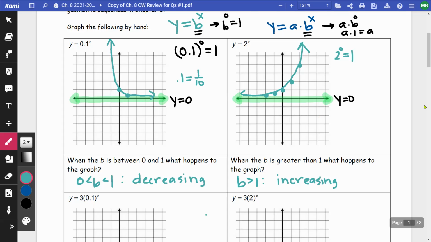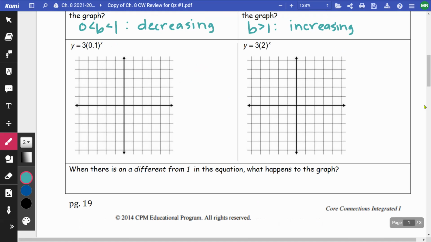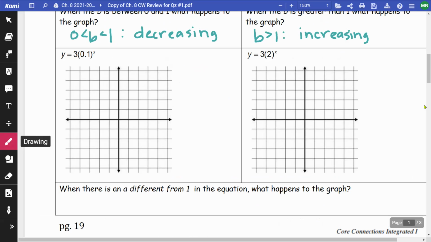Because what's going to be happening here is when I'm doing these graphs, and for example, I put in 0 for my x to find my y-intercept, I'm going to get 3 times 1 or 3. That's going to be my y-intercept. So it's always going to be this number that's in front of my base to a power. So same with over here on the second graph. 3 times 2 to the power 0.